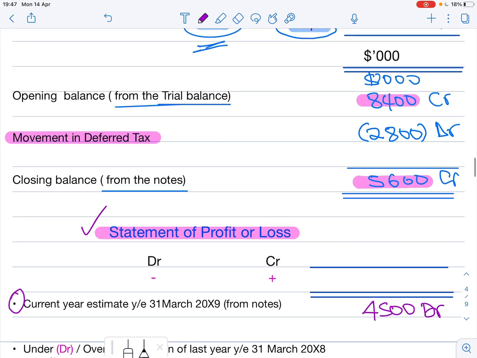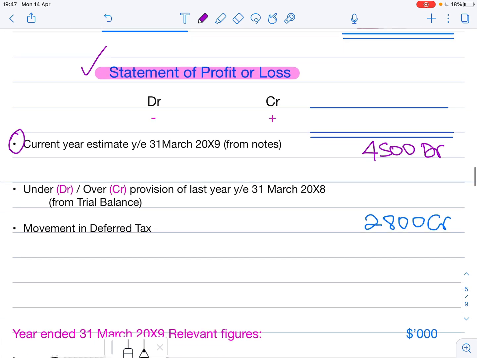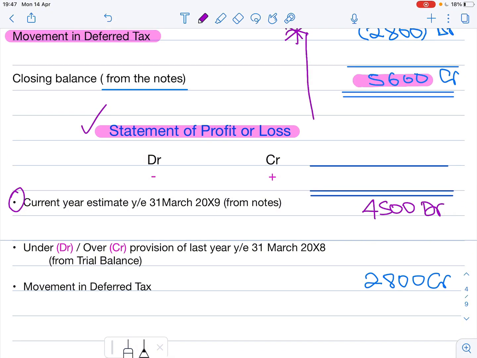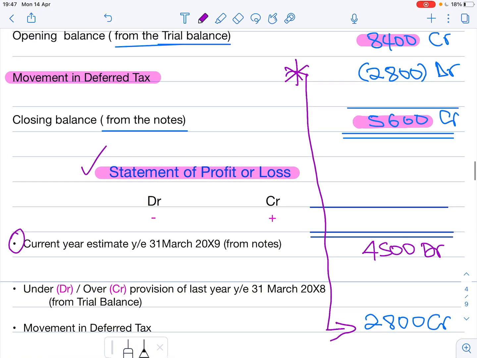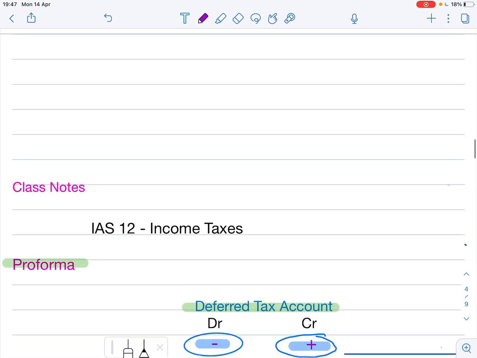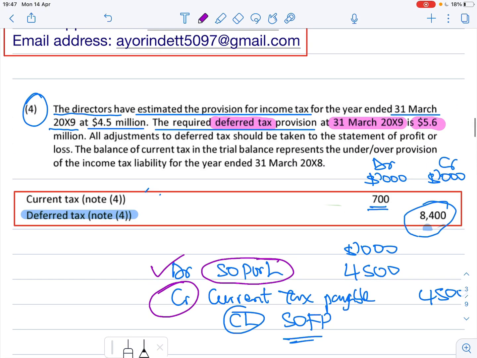So this 2.8 is the adjustment, and the examiner says we should take it to the statement of profit or loss. You always do that. The examiner is just being generous by telling us that in the notes. So the adjustment, which is the movement in deferred tax, should be taken to the statement of profit or loss. So that is taken care of already. Reading on, it says all adjustments to deferred tax should be taken to the statement of profit or loss. That we have done. And look at this bit.